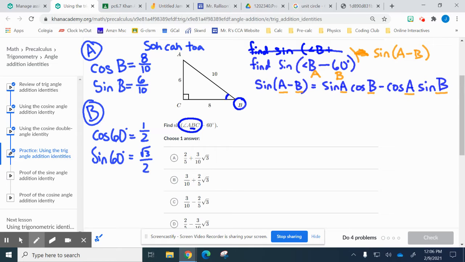So angle A, the sine for angle A, which is actually angle B on the triangle, is 6 over 10. And the cosine of the B angle is 1/2, minus the cosine of the A angle, which is 8 over 10, times the sine of the B angle, which is square root of 3 over 2.